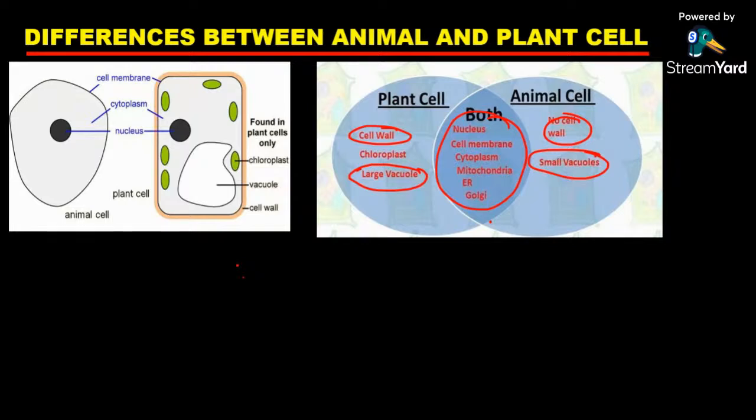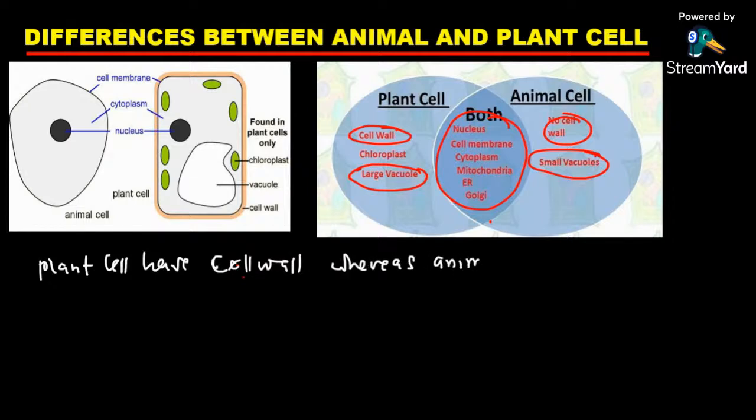If you are to put them in writing, let me show you how you present it. If they ask you to distinguish between, or give the differences between, plant and animal cells, you are going to say plant cells have a cell wall, whereas animal cells do not have a cell wall.